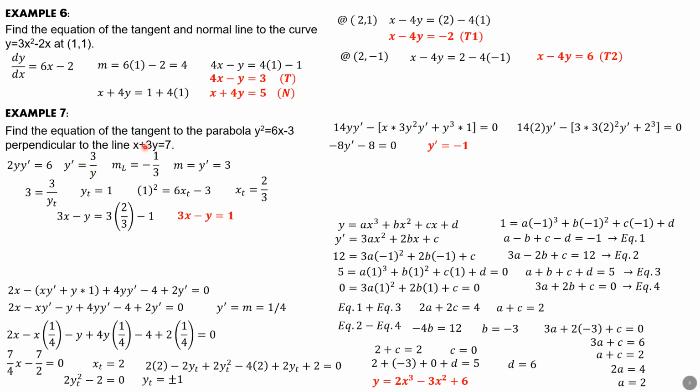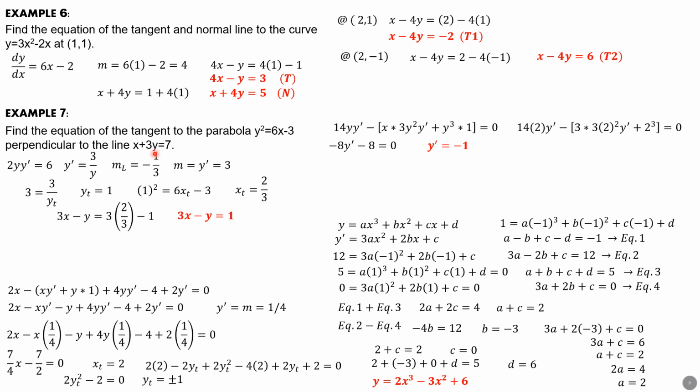The slope of this line is negative coefficient of x divided by coefficient of y, so negative 1/3. Therefore, the slope of the tangent line, because it is perpendicular to this line, is the negative reciprocal of negative 1/3, which is positive 3. And therefore, the value of y prime is 3, so 3 equals 3 over y sub t, so y sub t is 1.